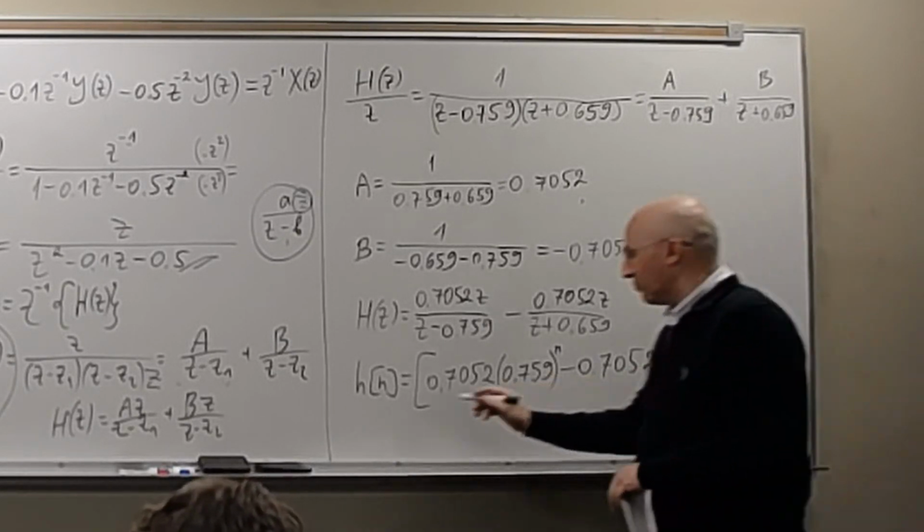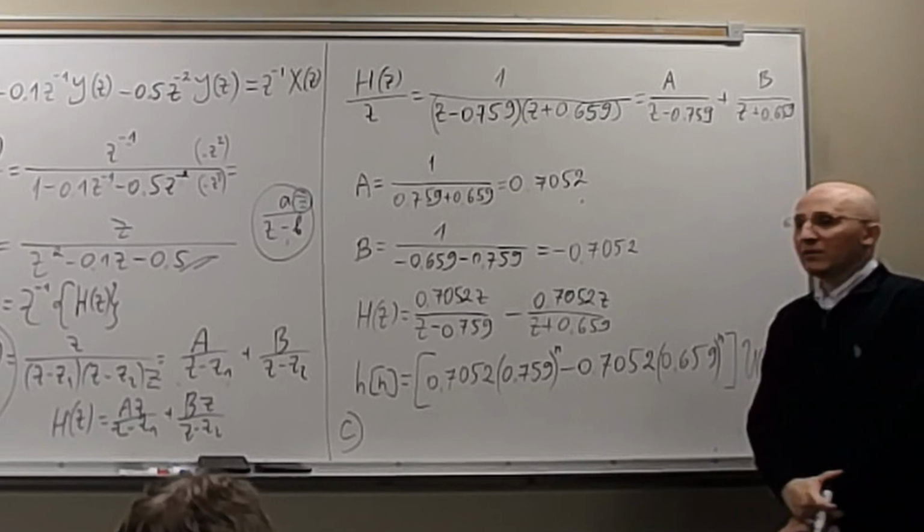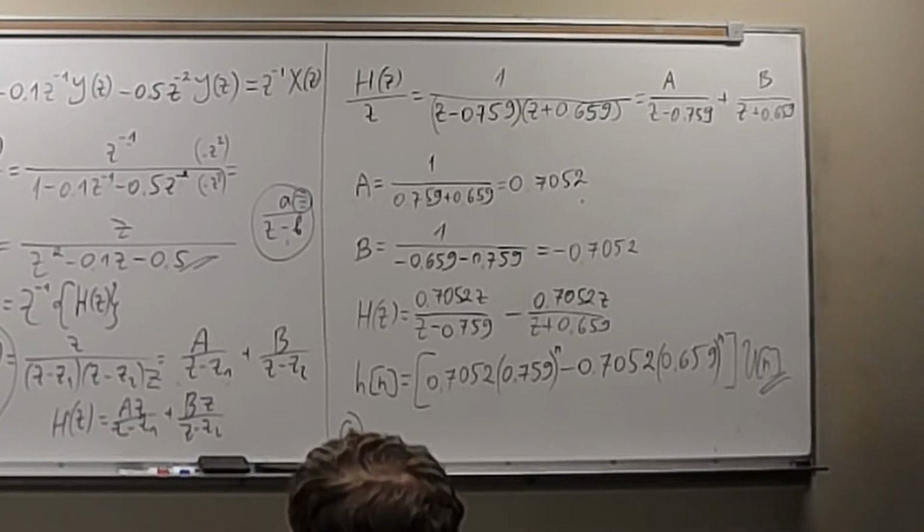Now, the last one is the simplest one, actually. Stability. Is that system stable? No. Why not? It has a negative root, or negative pole. What do we need for stability of discrete time systems? There is a difference between stability of real LTI systems, discrete case and continuous case.